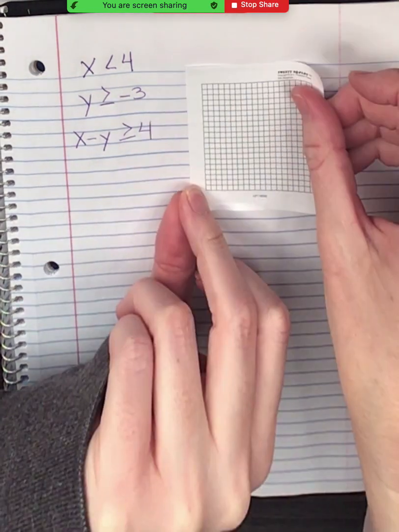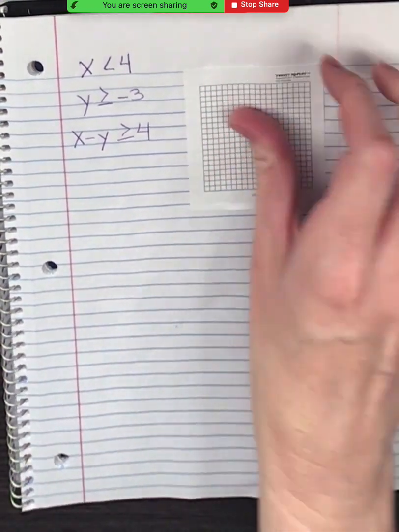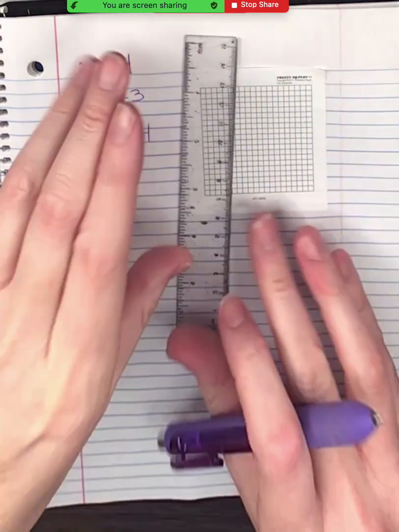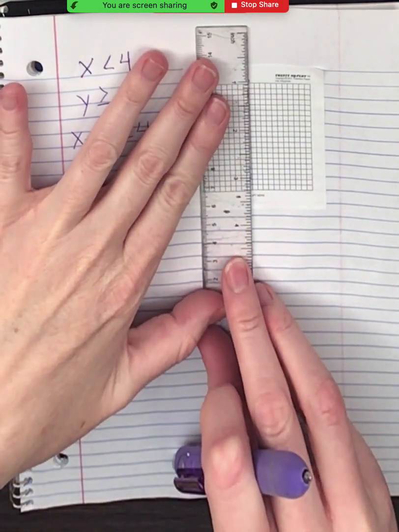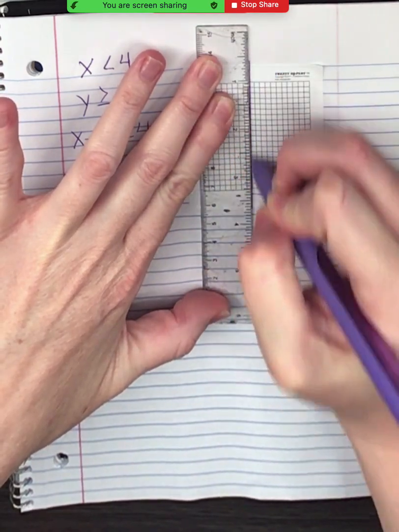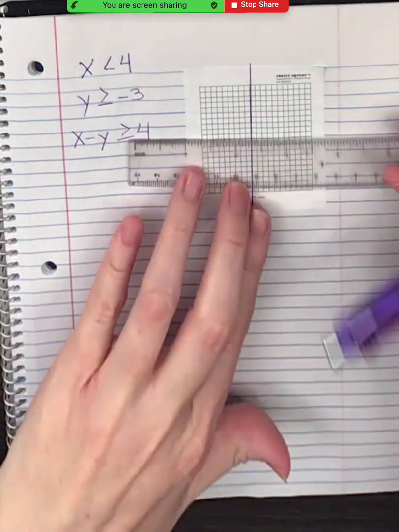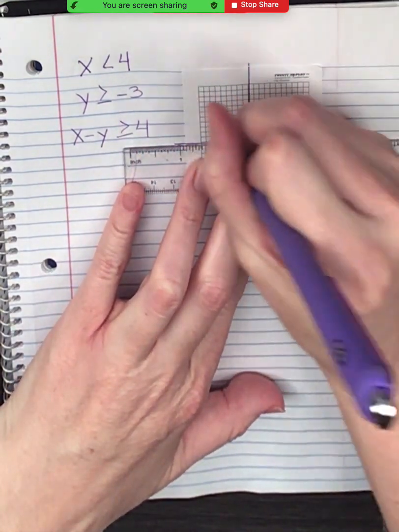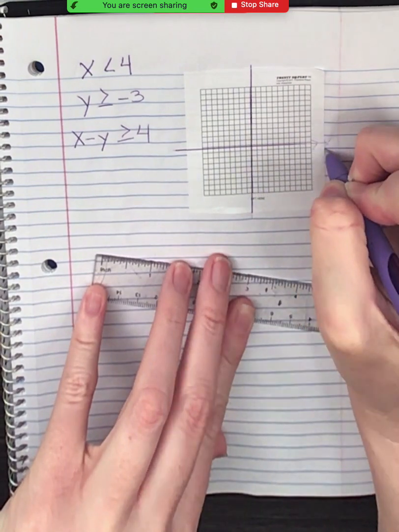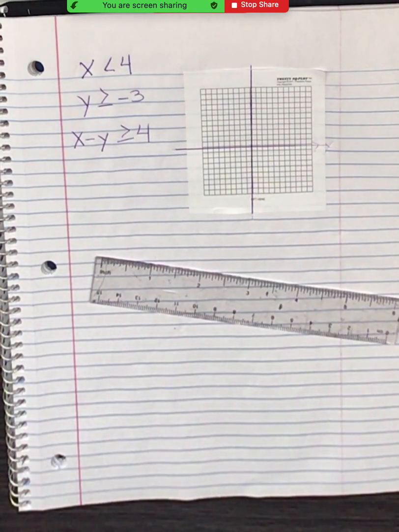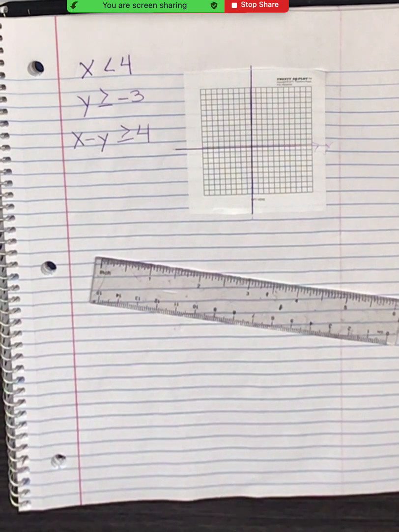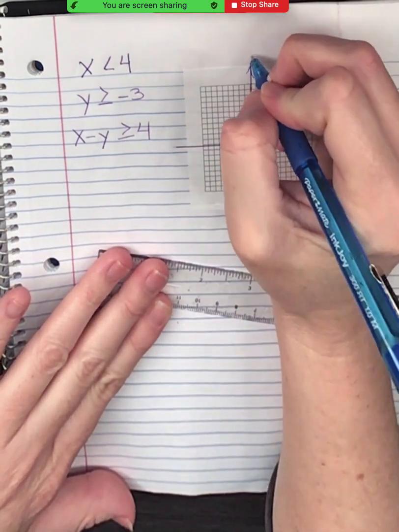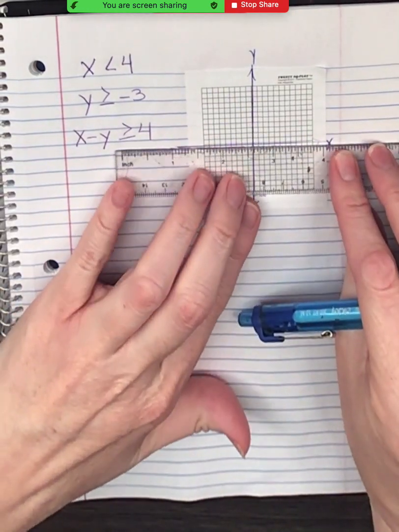Here's our grid. So we're going to graph each one in the same coordinate plane here, or the same xy axis, okay? So I'm going to draw here's my x-axis. And my y-axis. Okay, make that a little darker here.